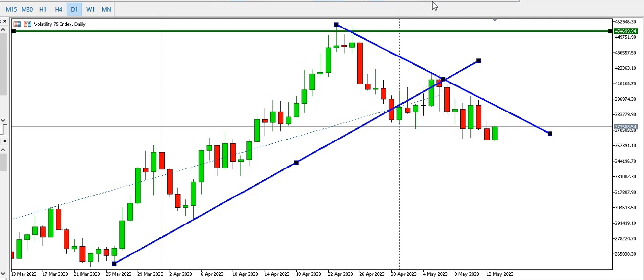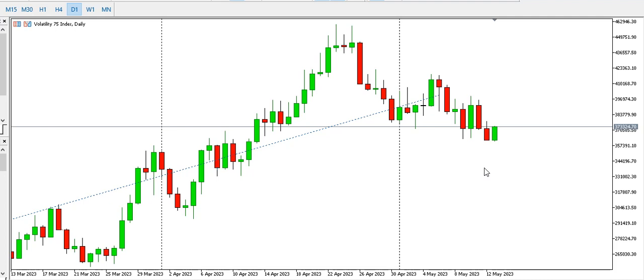I was expecting a higher momentum, but it's as if the momentum is really slow. And the way I'm looking at it, the bullish trend might likely continue.